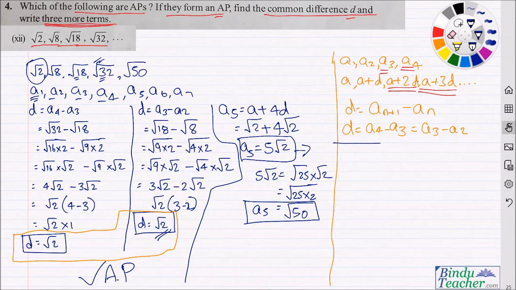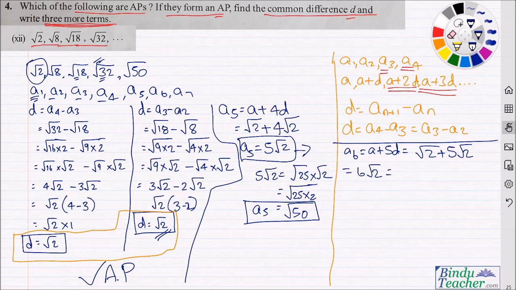Similarly, let's calculate for a of 6. a of 6 equals a plus 5d, which equals root of 2 plus 5 root of 2, which equals 6 into root of 2.